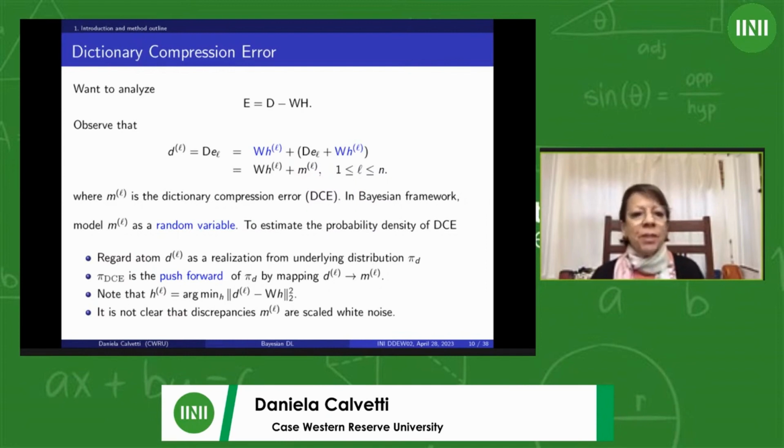at least an approximate one. So let's think of the original columns of the dictionary D as being D times a unitary vector with one in the l-th position. Now this would be the exact representation of the l-th column of D. And I'm introducing the best approximate representation of D_l in terms of the compressed dictionary.